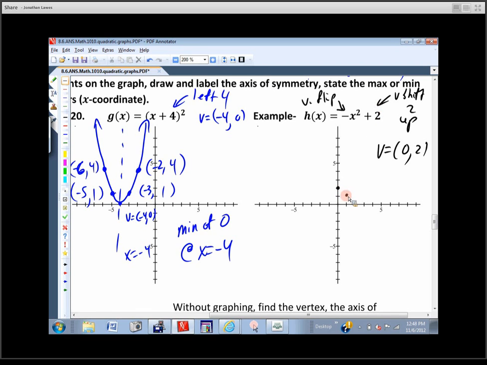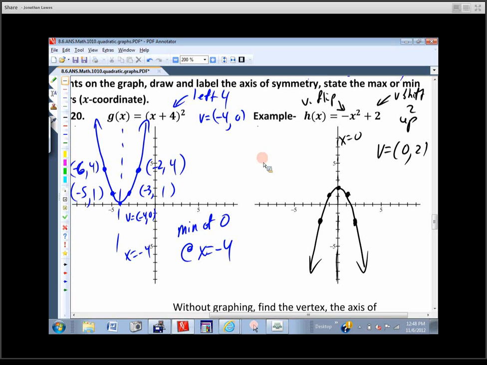So we're going to go down 1, over 2, down 4. And then we're going to do the same thing on the other side. So here's our axis of symmetry of x equals 0. Here are the points. I'm not going to take the time to label those. You should be able to label all 5 of those relatively quickly.